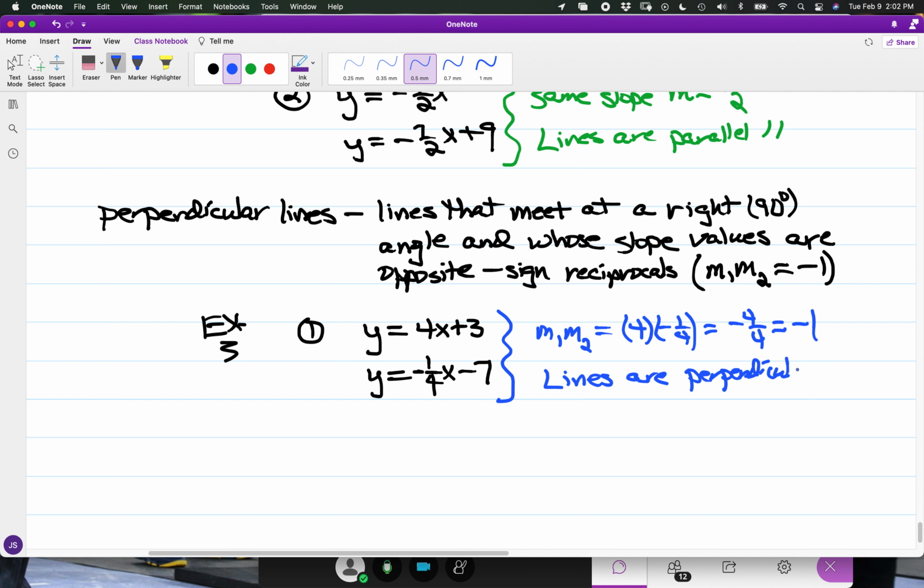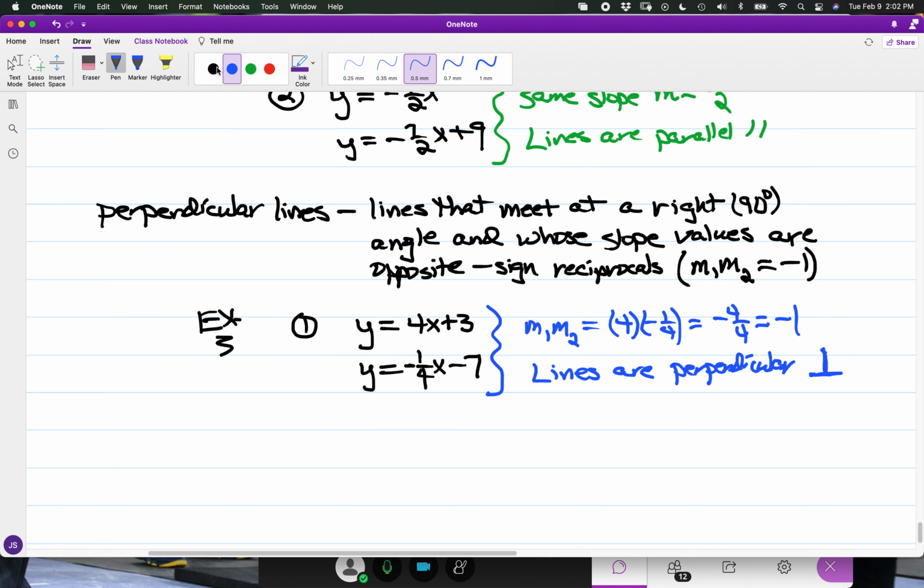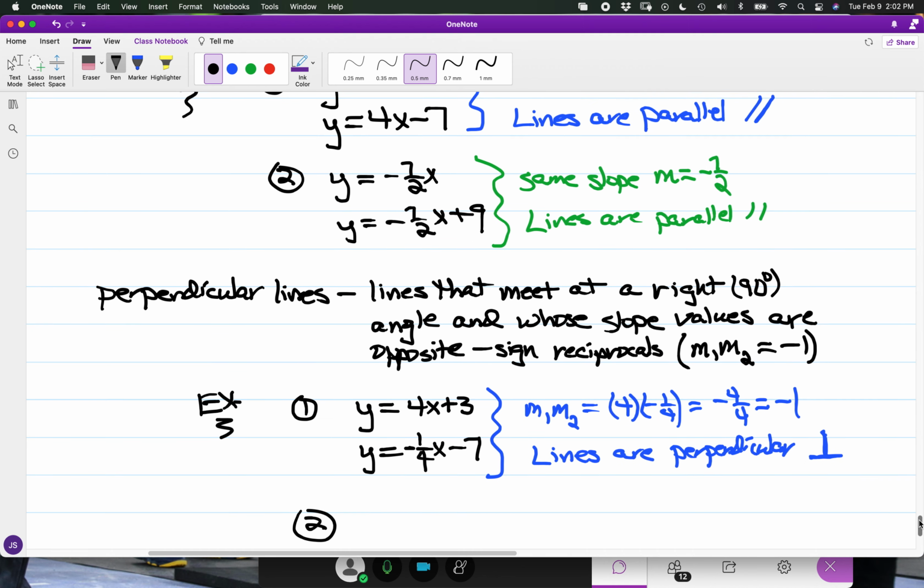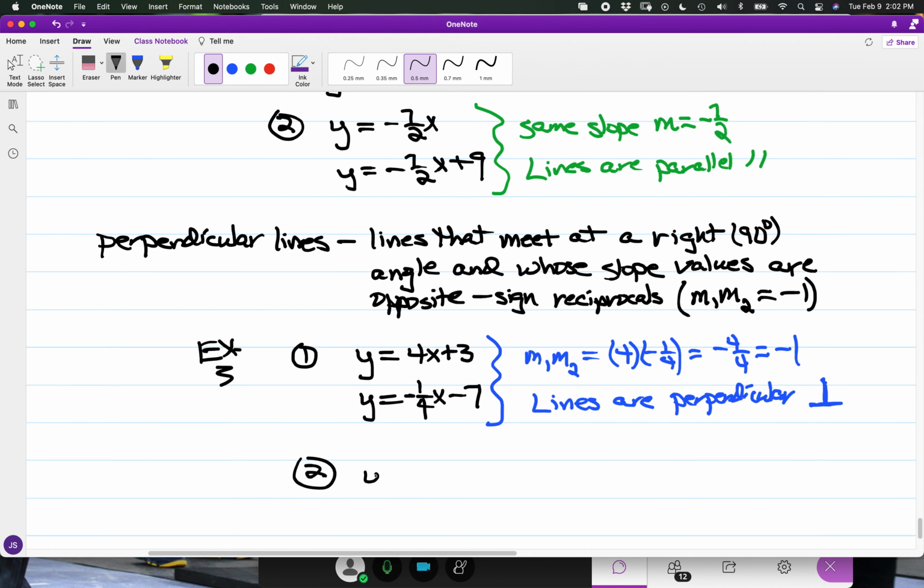Okay. And just a little bit of shorthand, you could represent perpendicular in the form of an upside down T. And borrowing from the setup we had in the second case of parallel lines, say y is equal to -7 halves of x.